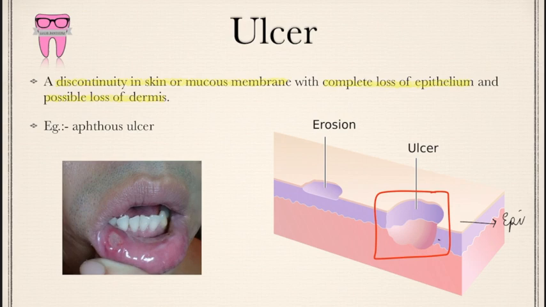The second, this is the basement membrane or the basal layer. As you can clearly see, that ulcer is extending up till the connective tissue beyond the basement membrane. Example is an aphthous ulcer. This is a picture of an aphthous ulcer.